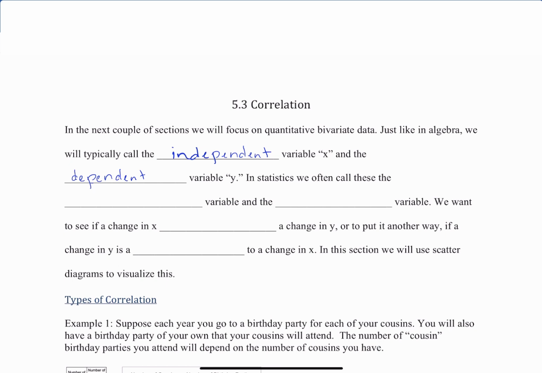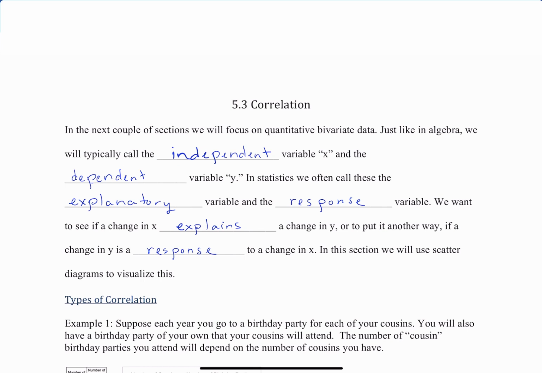Now, in statistics, we often call these the explanatory variable and the response variable. In other words, we want to see if a change in x explains a change in y. Or to put it another way, if a change in y is a response to a change in x.